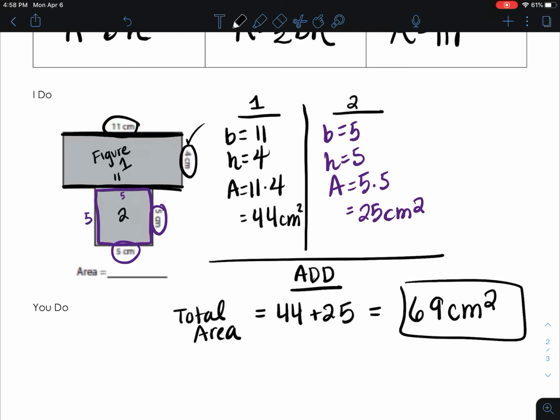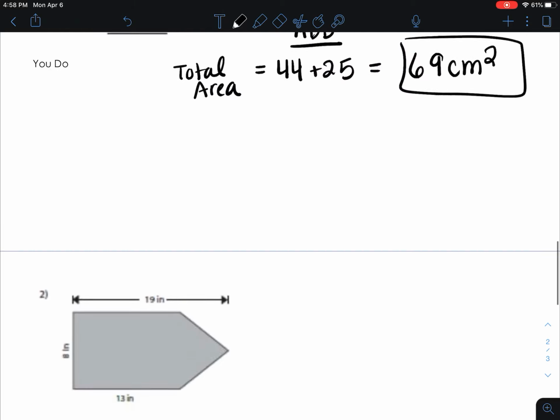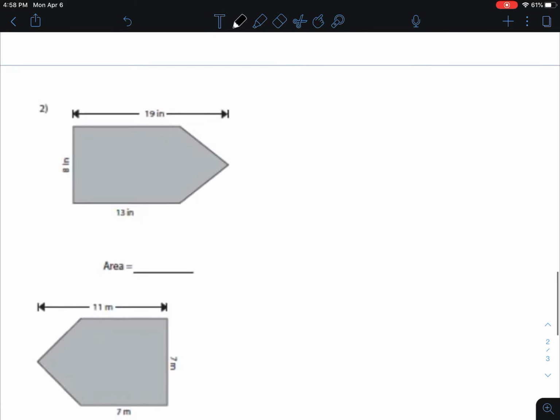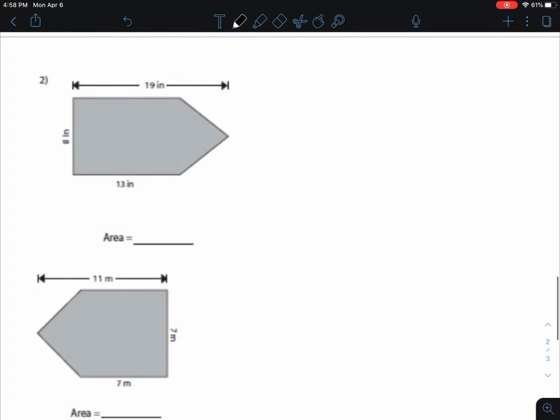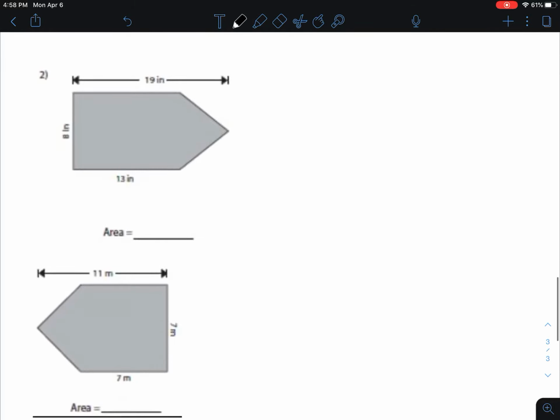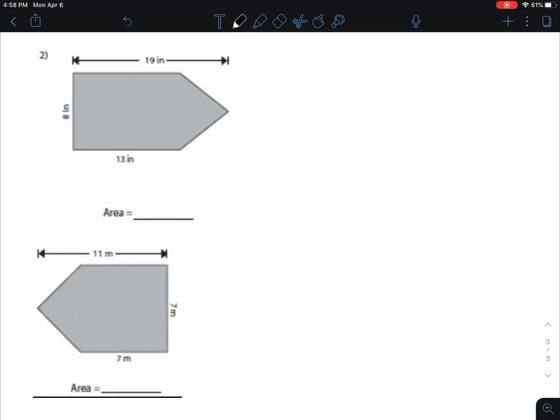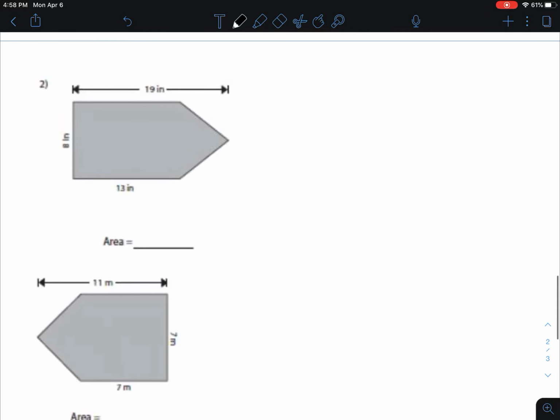Okay, that's pretty much it. That is another example of 2 rectangles as a composite shape. Okay, so let's go ahead and move on to what it would look like to see a triangle and a rectangle. So we have, let's do this one right here.